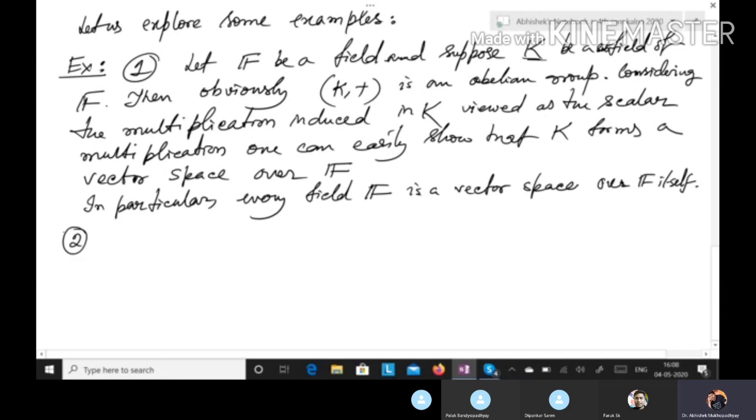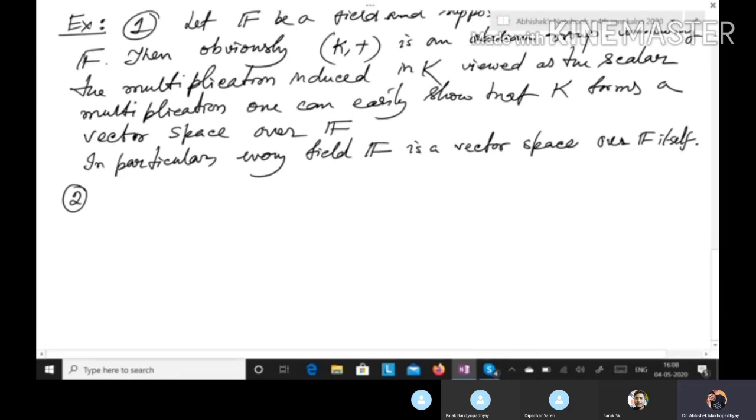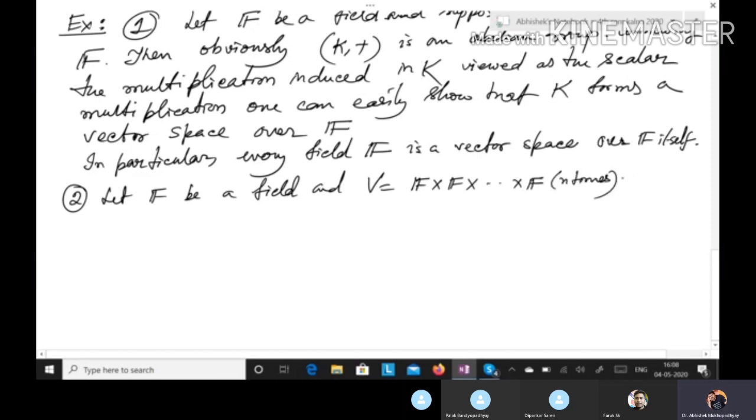And the second one is related to our living world, that is R3, R2. So in general, you can define Fn for any field F. So let again F be a field, and you consider the Cartesian product of F up to n times, which one can denote by Fn.